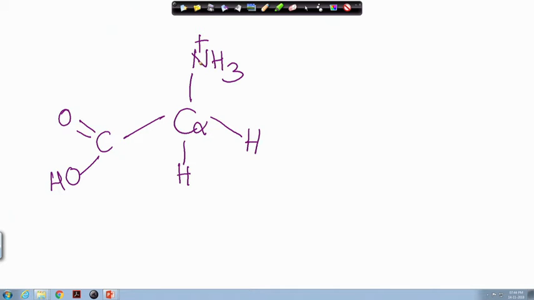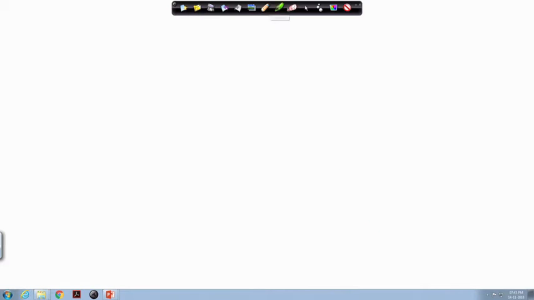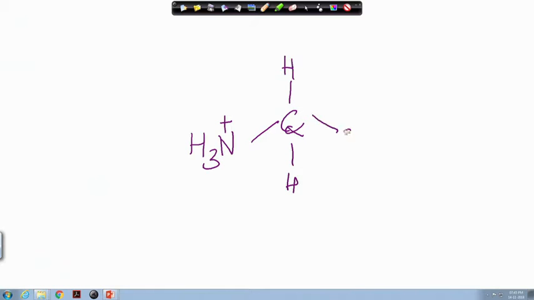So, when we consider this, we think of our structure as something like this: this is the alpha carbon, this is the R group. So, now we have this proton and we have this proton.